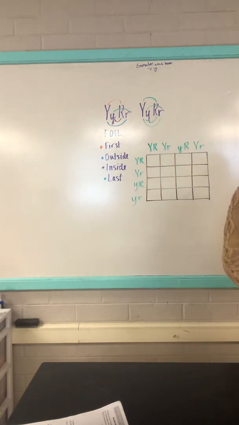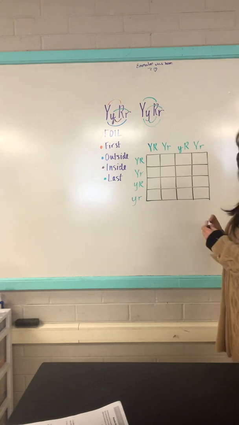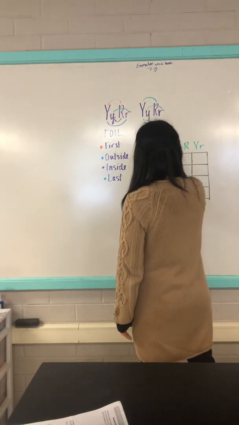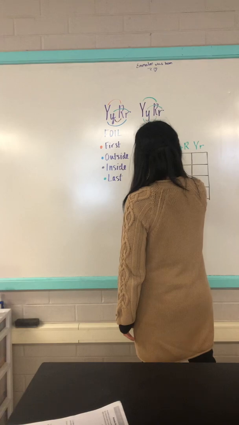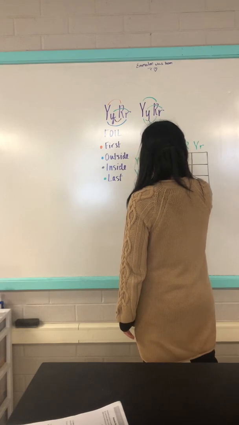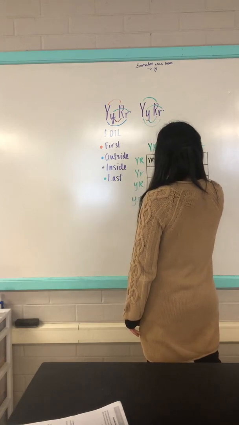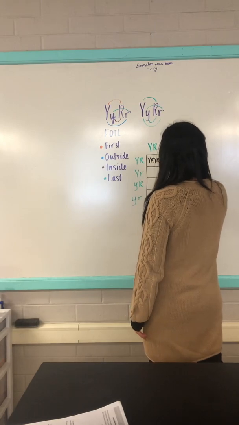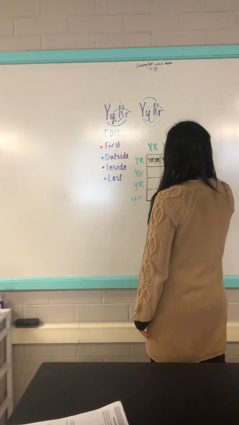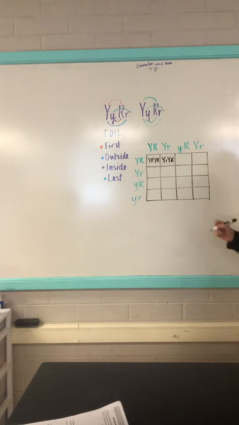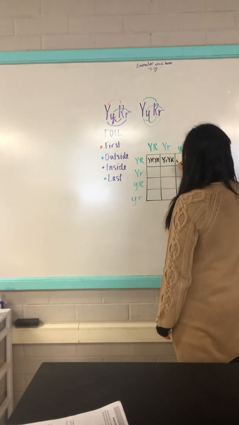Alright, now you're just going to write what's in the boxes. So we've got big Y, big R, big Y, big R. And we have big Y, little r with big Y, big R. What's going to go in this one?